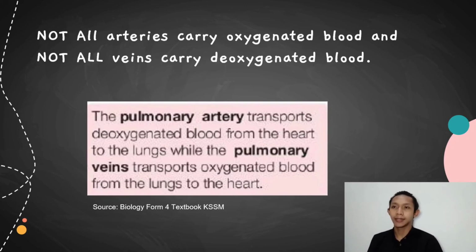Actually, not all arteries carry oxygenated blood and not all veins carry deoxygenated blood. Other arteries carry oxygenated blood except for the pulmonary artery, which transports the deoxygenated blood from the heart to the lungs, and other veins carry deoxygenated blood except for the pulmonary veins, which transport oxygenated blood from the lungs to the heart. The student got confused because they don't remember the exception of the pulmonary artery and pulmonary veins.